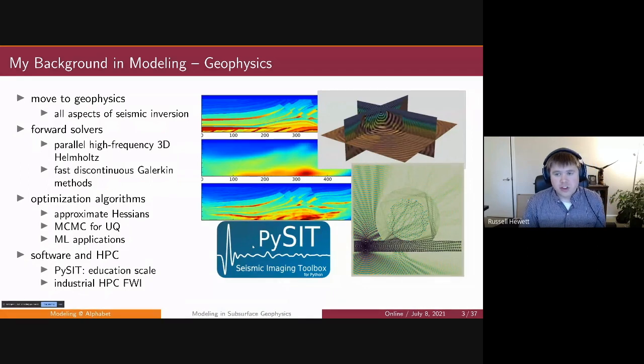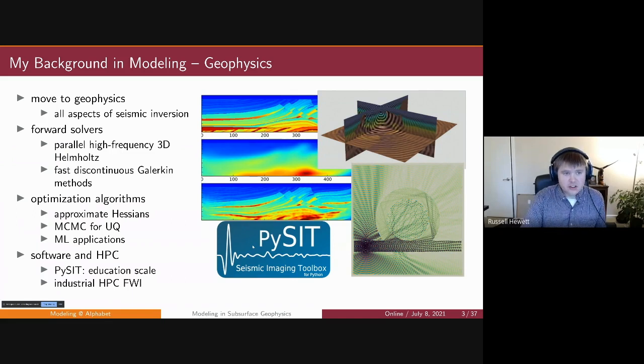But as part of this research, I worked on all aspects of it, from the forward problem, looking at new solvers for differential equations, looking at parallelism in those contexts, looking at optimization techniques and ways that physics can be used to construct partial Hessians, for example, to accelerate optimization, uncertainty quantification, ML stuff. And I also worked on software and high performance software in these contexts. And this was both part of academic work and working in industry on this problem.